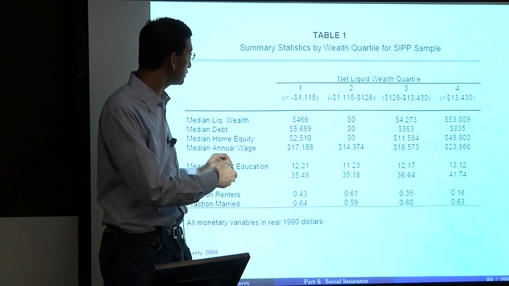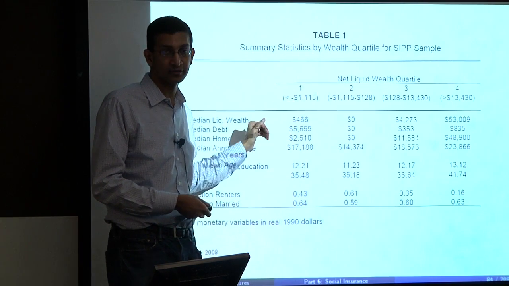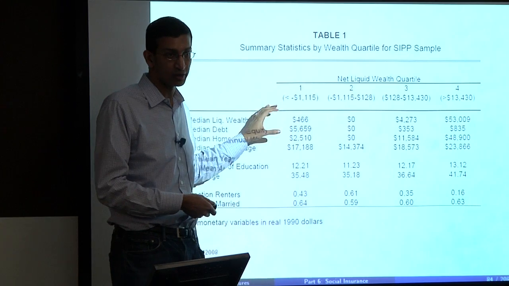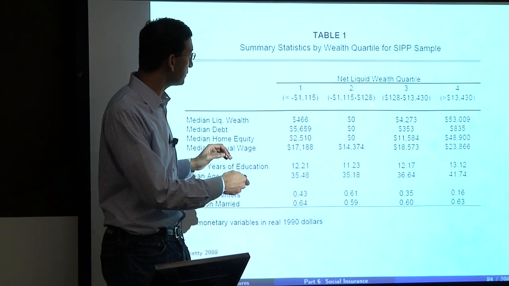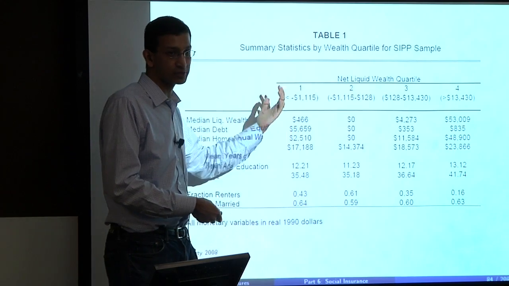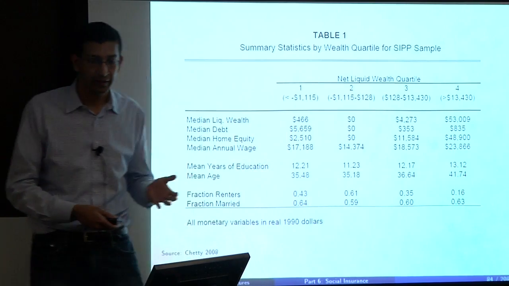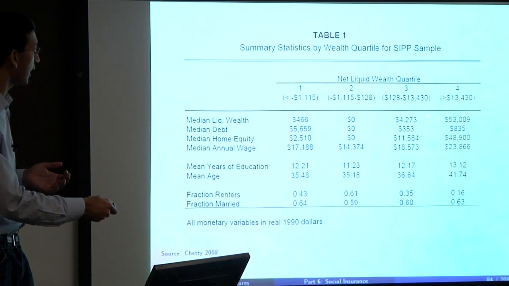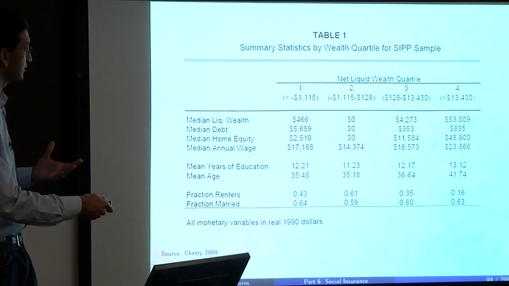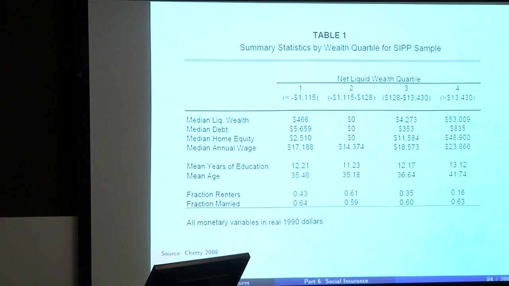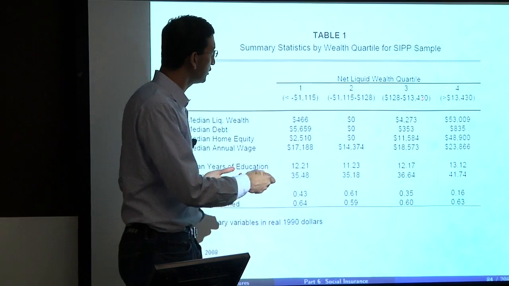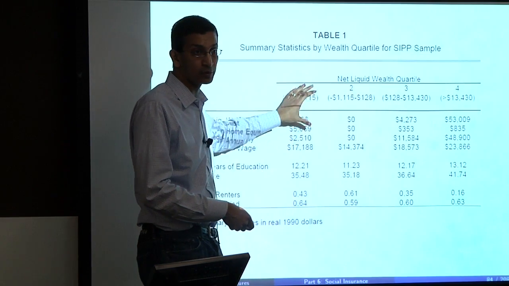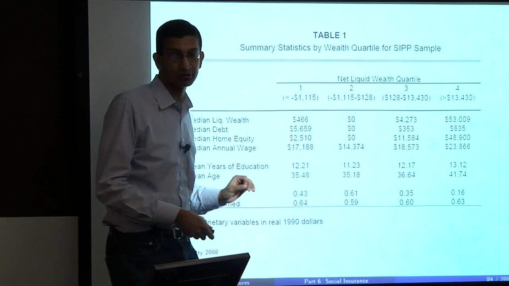The bottom quartile have less than minus $1,000 when they lose their job, so that's 25% of people. Then 50% of people have less than $100, so that's why the median is like $100. And then these guys here have some money, at least they have positive balances, and then the top quartile actually has a decent amount of money saved when they lose their job. Okay, so these people up here perhaps are not that constrained, and then these guys appear to be quite constrained, and they are a substantial chunk of the population.